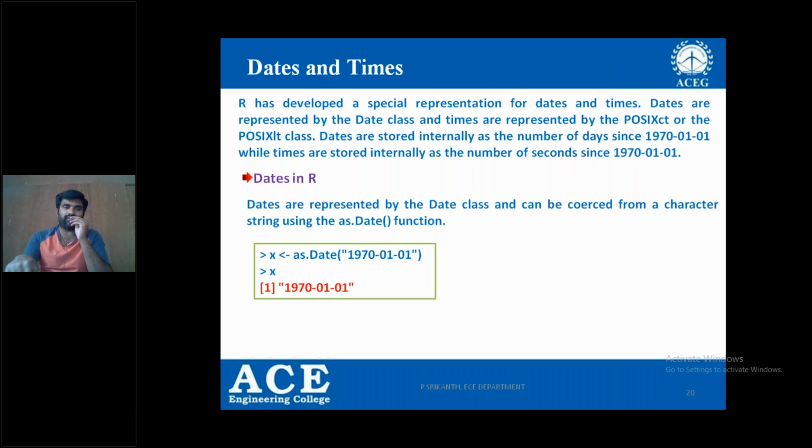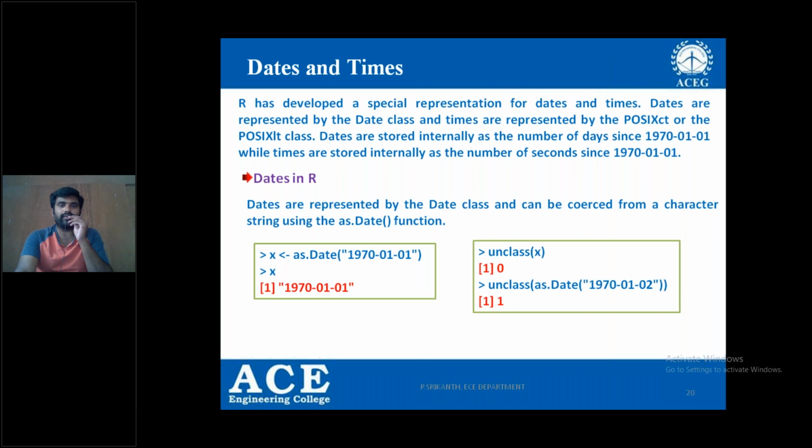For example, if I say as.Date of today's date, it returns the date. I'll show here, for example, unclass of x. If x is assigned 1/1/1970, the number of days up to this day is 0.